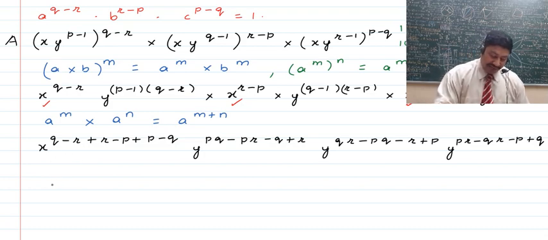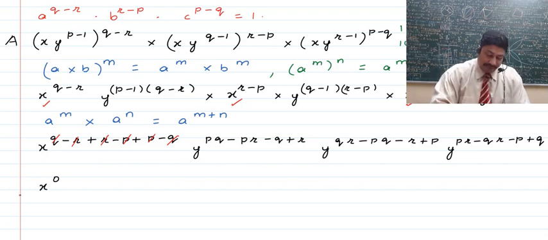Now for the powers of x, we see that we have powers which are additive inverses of each other, so they will cancel each other. That means plus q minus q will cancel each other, minus r plus r will cancel each other, minus p plus p will get cancelled, and thus we will have x raised to the power nothing or 0, right? And then we talk about the powers of y.